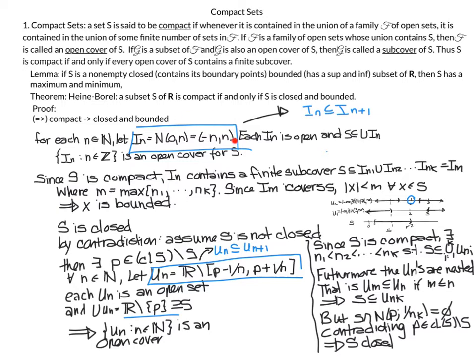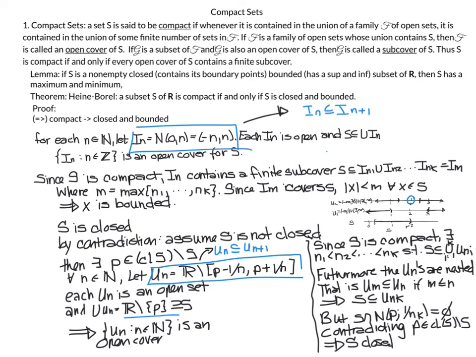This is an example of an open cover for the entire real number line. This is an example of an open cover for the real number line minus a single point p. Both of these are nested open covers, and what that means is the sets are based on n, so I_n goes from negative n to n, and the I_(n+1) set will contain all of the previous I_n's.